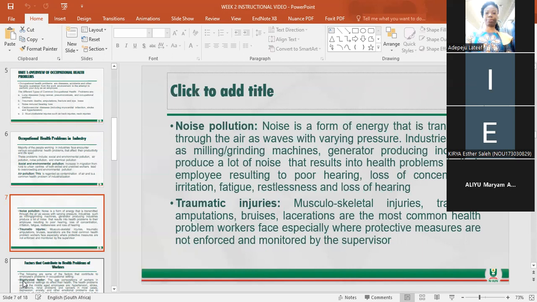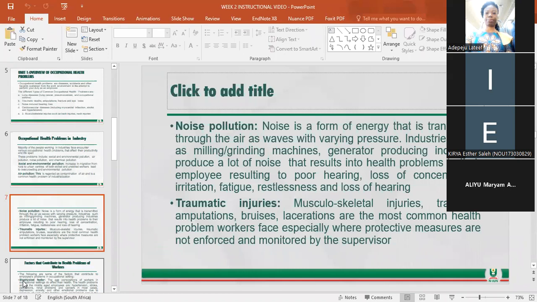Traumatic injuries. So you have injuries that affect the musculoskeletal area. We have amputation. A lot of workers have lost their hands, their toes, their fingers, even their legs, sometimes their arms, in the course of discharging their duty at job places.